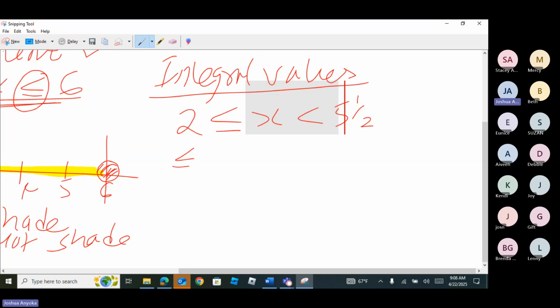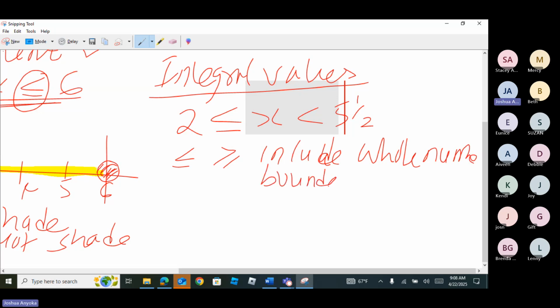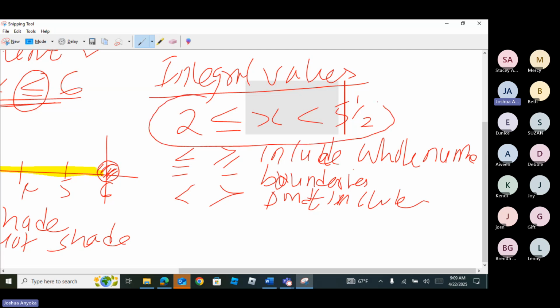For less than or equals to, greater than or equals to, include whole number boundaries. For less than, for greater than, we don't include boundaries.